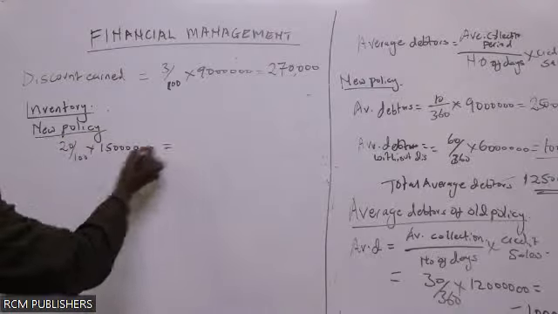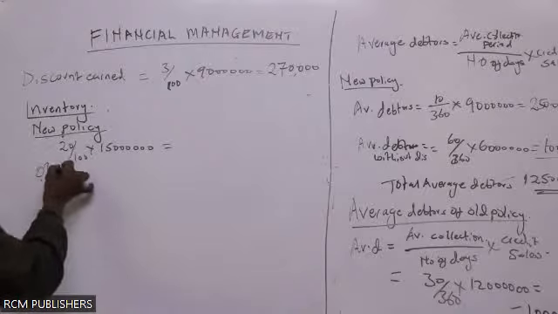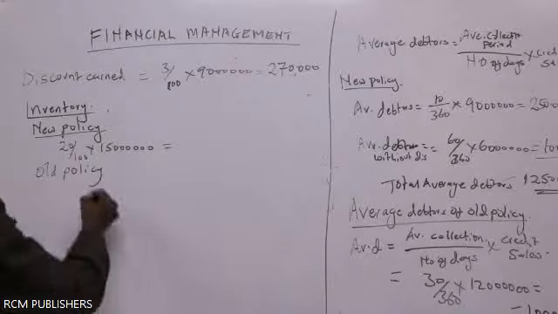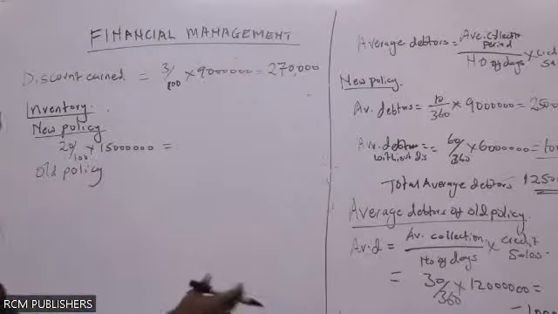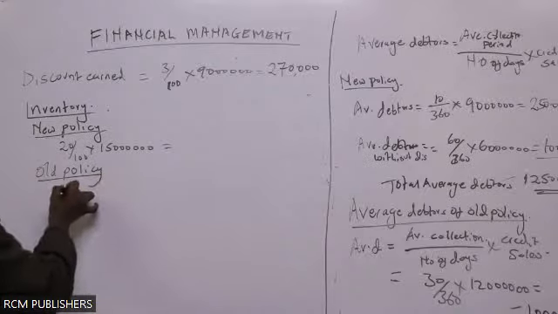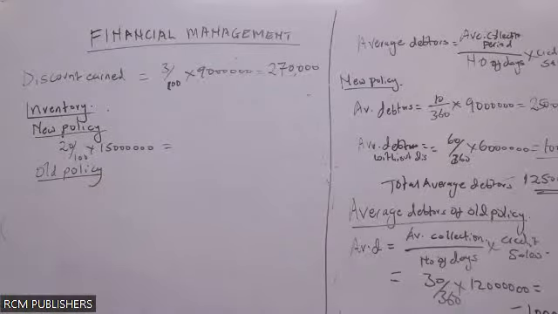And then for the old policy, tukishafanya working, you can draw the other. Old policy ni ina remain kuwa 20% still. Is it 20% ama 40?